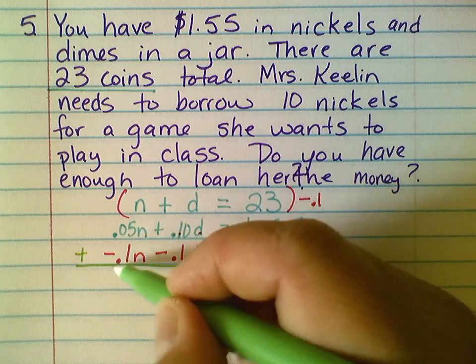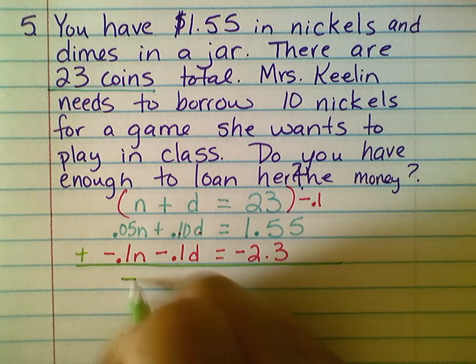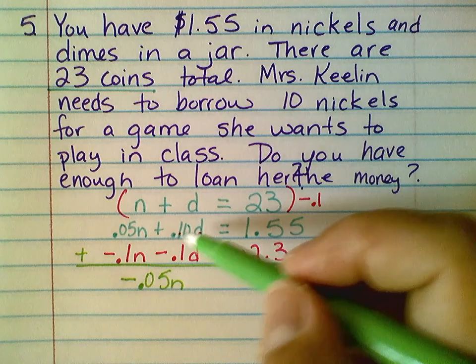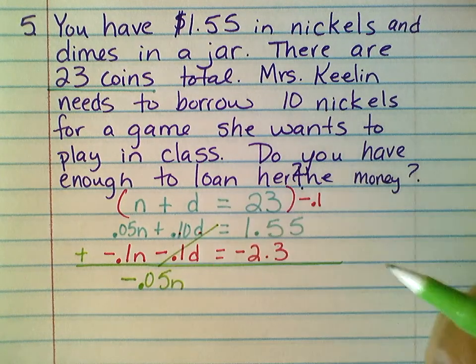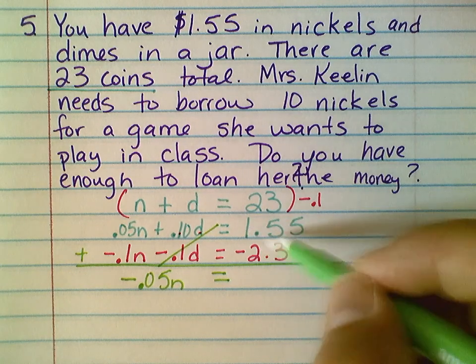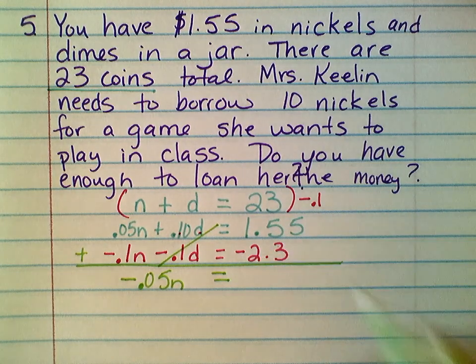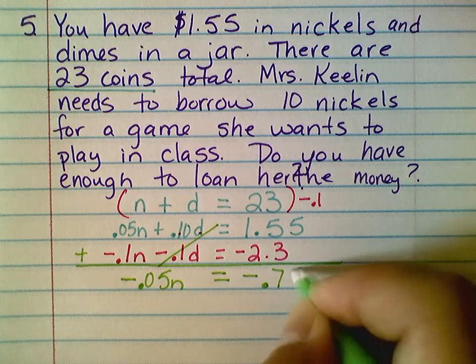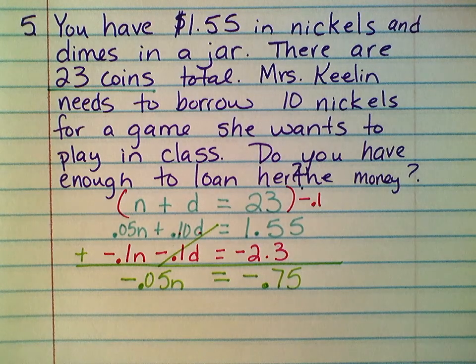So 0.05n plus a negative 0.1n is going to be a negative 0.05n. 0.1d plus negative 0.1d we said is eliminated. And then I have 1.55 plus a negative 2.3. So that's going to give me a negative 0.75, negative 75 cents.